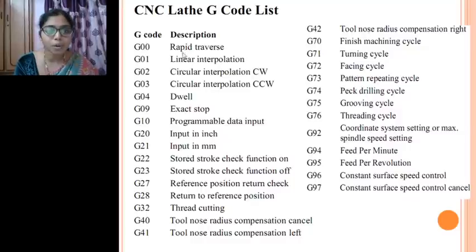Only very few codes. We will see how to write a basic program for the operations which you have performed in the lab, like the step turning operation and taper turning, and how it is done if the cut has to be circular. We'll take a basic small example and write a program.